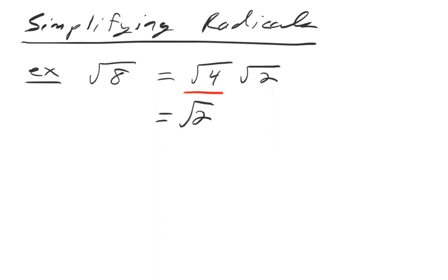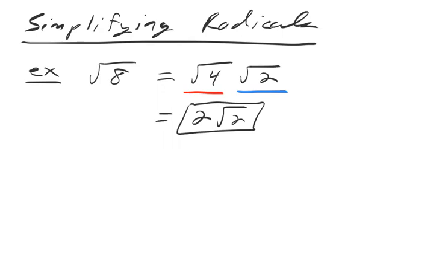Notice it's not square root of 4 anymore because I evaluated it. Then I cannot simplify the square root of 2 because it's not a perfect square. Nothing you can square gives 2, so I leave that under the square root. That's my final simplified answer.